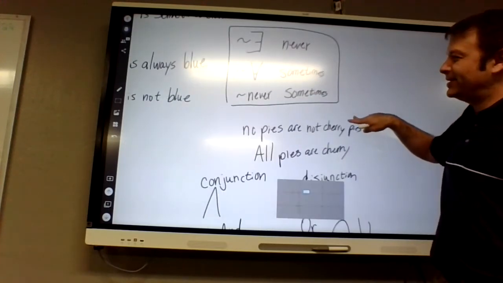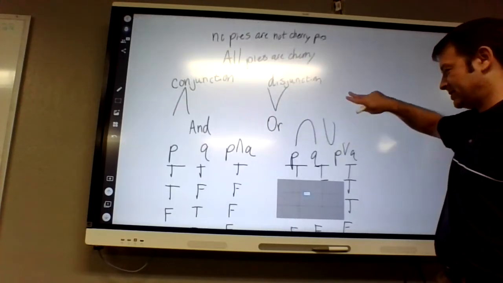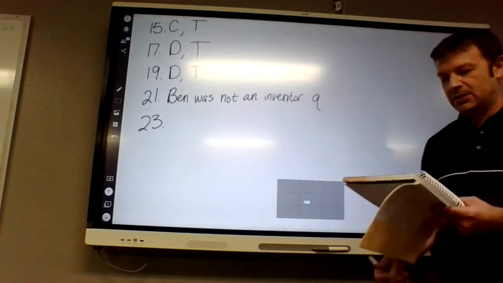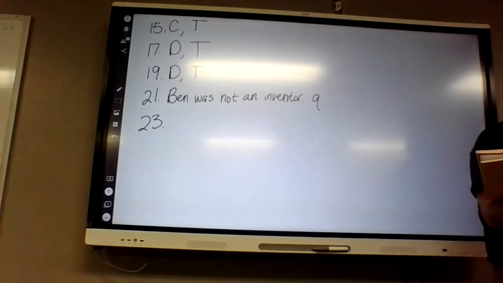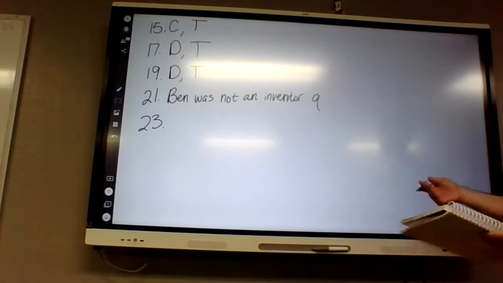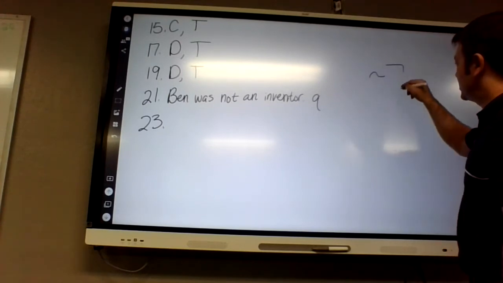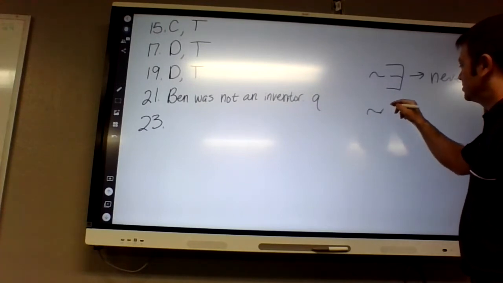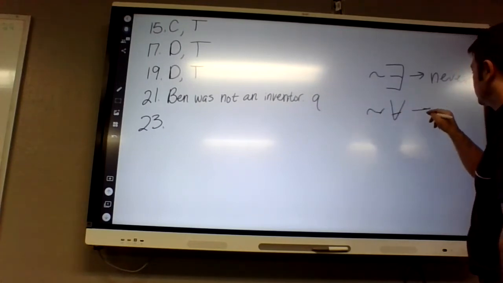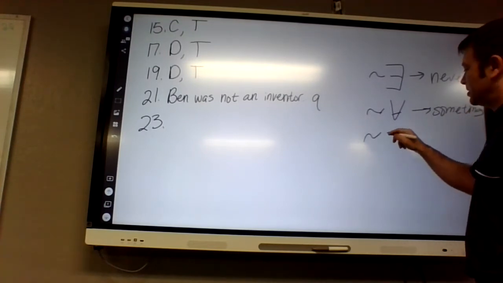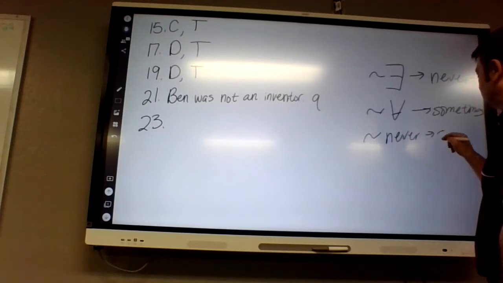Anyways, if you say it with a not in the statement, it usually kind of makes sense. So on 23, some cats have green eyes. We're supposed to negate it. Not sometimes is never. Not always is sometimes. And not never would also be sometimes.